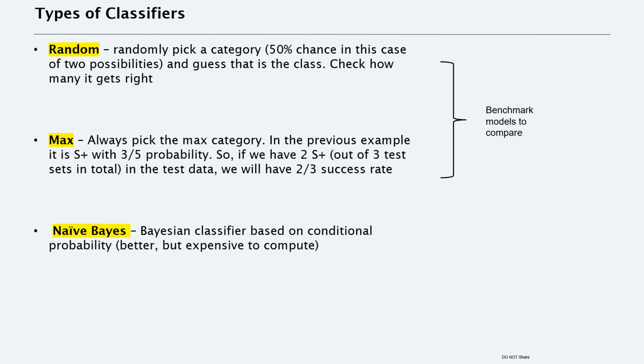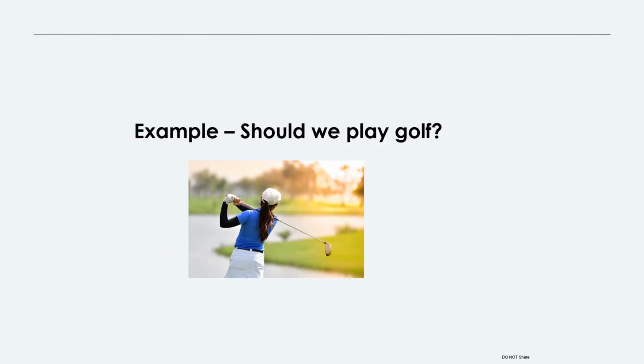This classifier uses conditional probabilities to make predictions, taking advantage of multiple features in the data. Unlike random or max classifiers, naive Bayes creates a more structured model, often leading to greater accuracy and insights, especially for simple or small data sets. Each of these classifiers has its place, helping us understand and improve the effectiveness of our models.